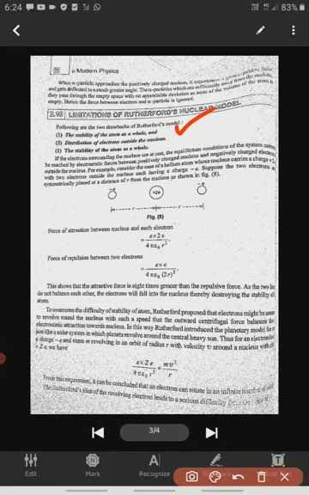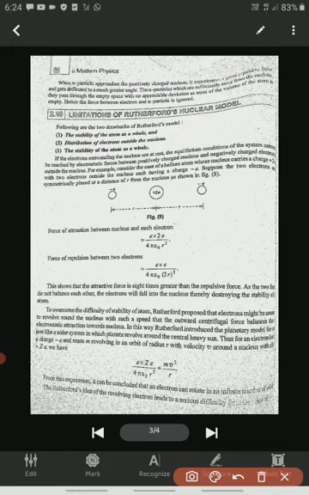First of all we are taking helium. Helium has atomic number 2 and mass number 4. This helium atom contains two electrons, each with charge minus e.